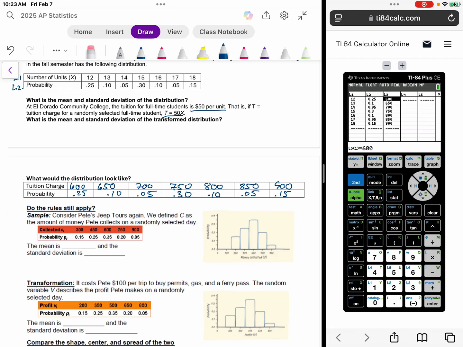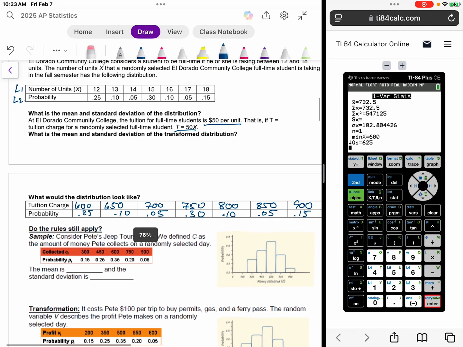So real quickly we get to bounce back and forth between Pete's and El Dorado. We're going to do a one var stat here. So stat, one var stat. Again, I want to use column 3, so second column 3, go down to my frequency list, and we're going to do second L1, and hit enter.